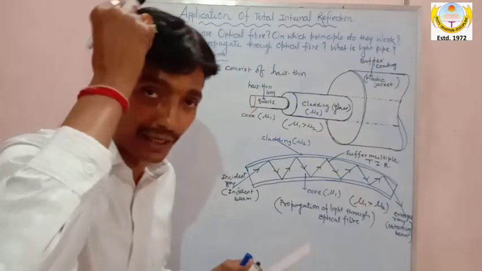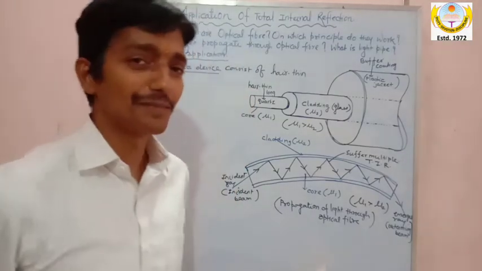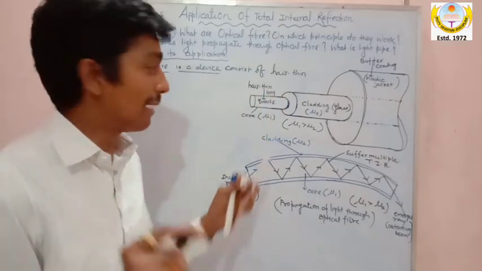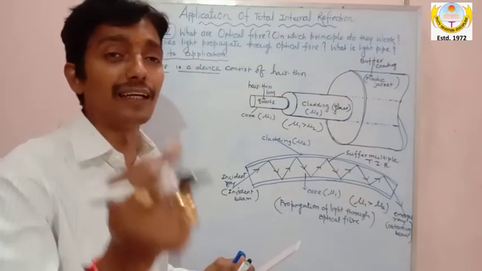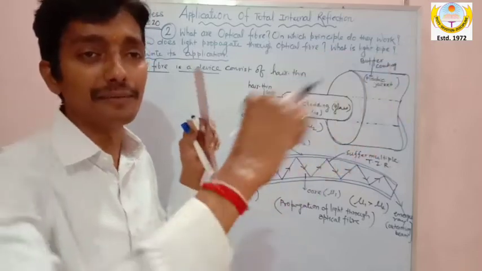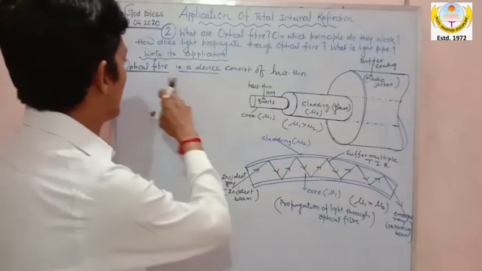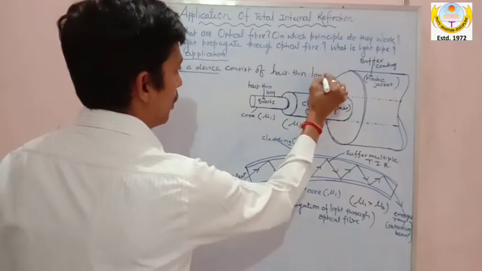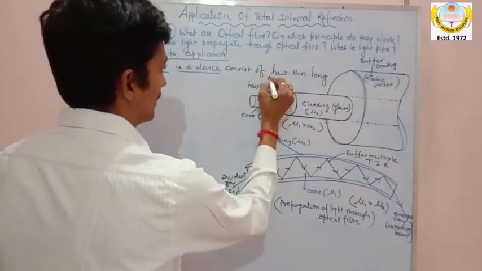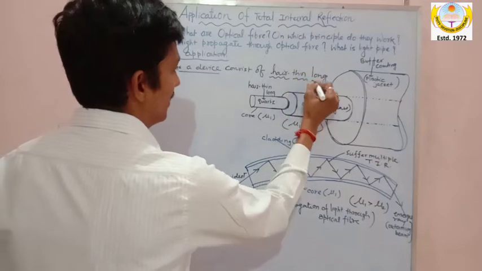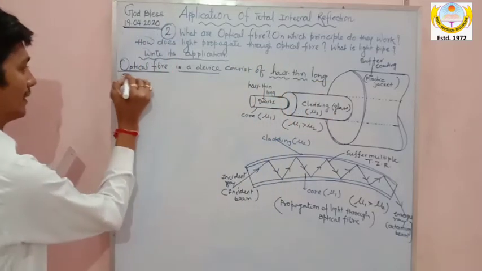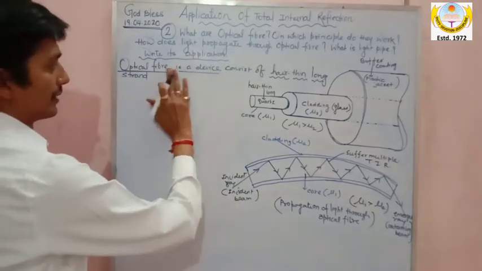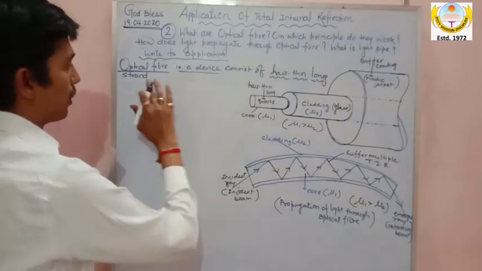You can see how thin the hair is. This core is like that. This core I am talking about is a hair thin long strand. So my dear, optical fiber is a device consisting of a hair thin long strand.